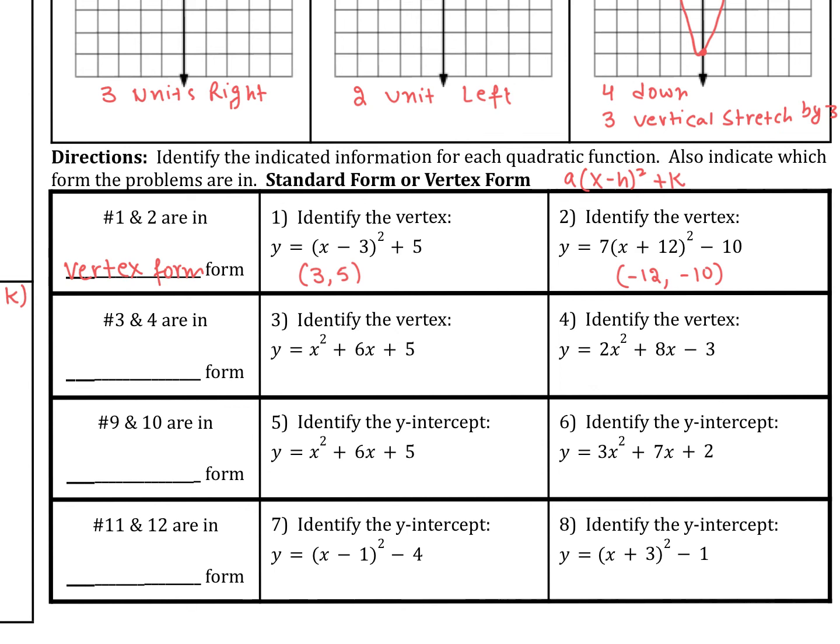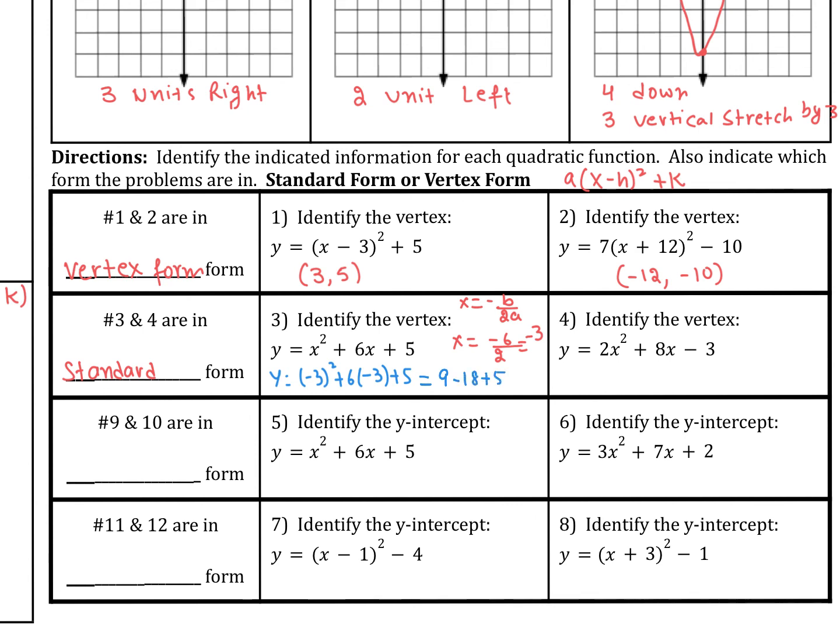For the next ones, number 3 and 4, they are in standard form. In standard form, x equals negative b over 2a is used to find the x coordinate. So it's going to be negative b over 2 times 1, and that's negative 3. Once you find negative 3 for x, you plug it in to find the y. So negative 3 squared plus 6 times negative 3 plus 5 is 9 minus 18 plus 5.